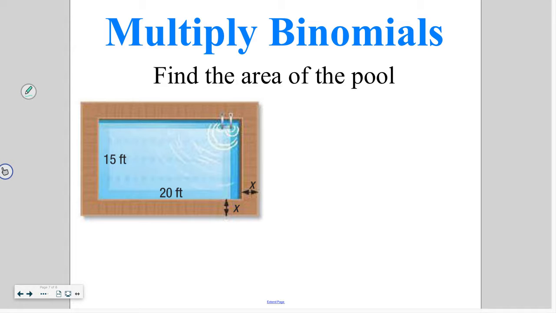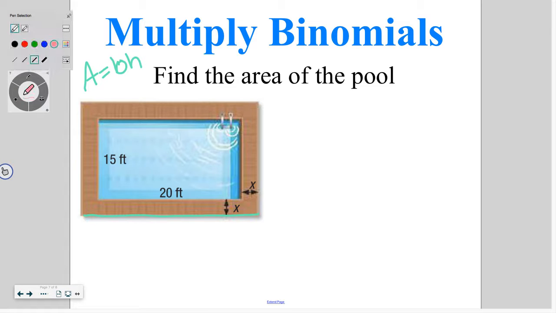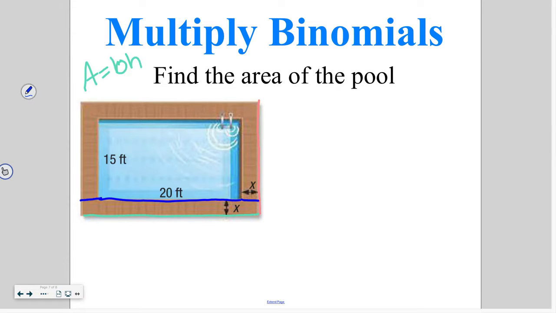We also might have word problems, or in this case, they give us this picture to help us. So we want to find the area of the pool. Remember that the area formula for a rectangle is the area is equal to the base times the height. So it's important for us to figure out how long this base is and how tall our height is. So if we are looking at our base, we've got 20 covering the part of the pool that has water, but then we've got an X on one end and an X on the other end.